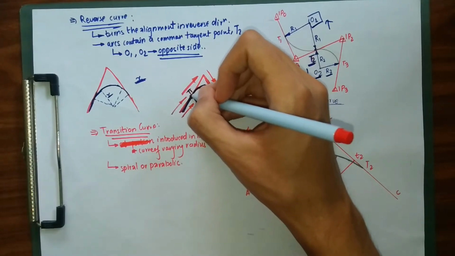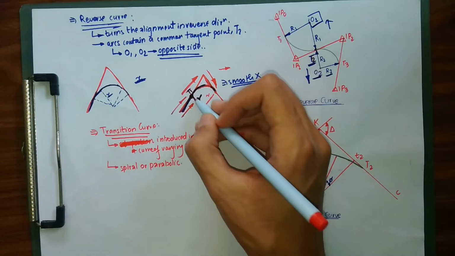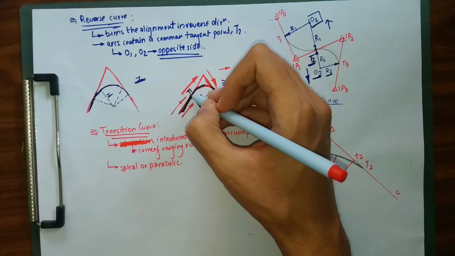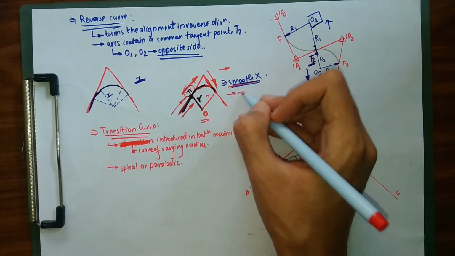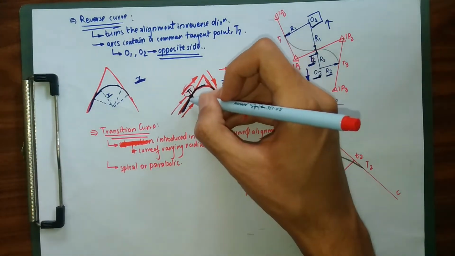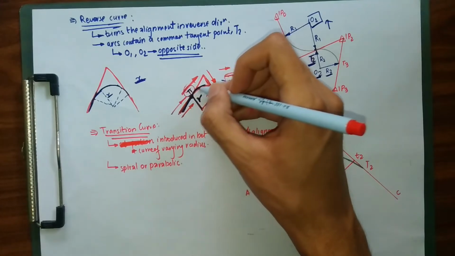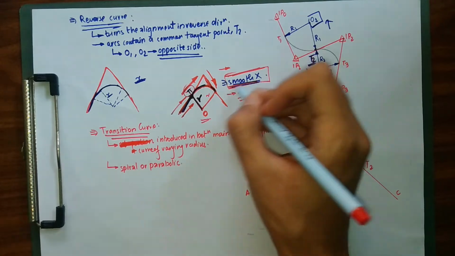So there is still no smooth transition. There is no smooth transition because there is a rapid change in our alignment. There is a curve of radius r beginning. Still there is no smooth transition.